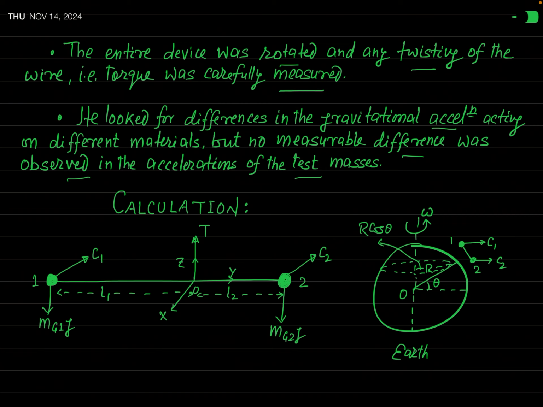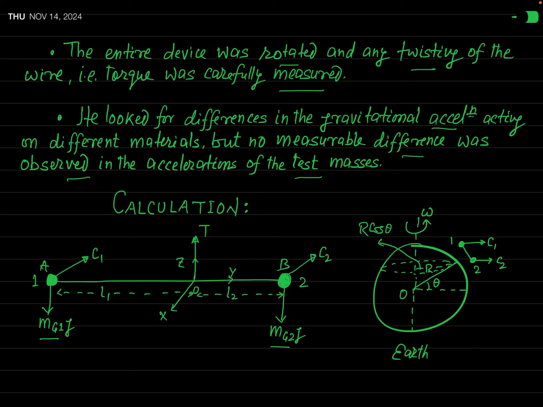You can see this is your rod, let us say AB, and at the end A the first body of gravitational mass mg1 is connected, and at the second end the other body is connected whose gravitational mass is mg2.